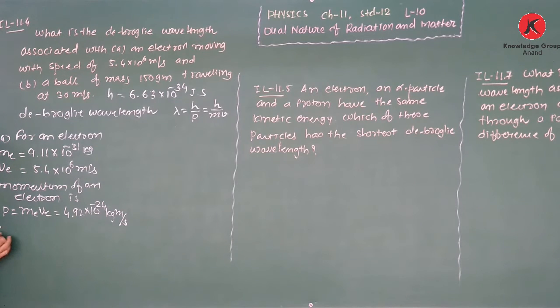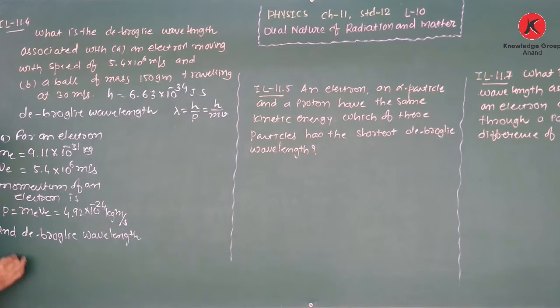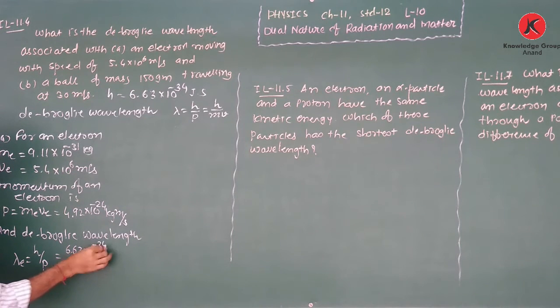And de Broglie wavelength for the electron, lambda is equal to h upon p. h is 6.63 into 10 is to minus 34 upon momentum, just we obtained, 4.92 into 10 is to minus 24.